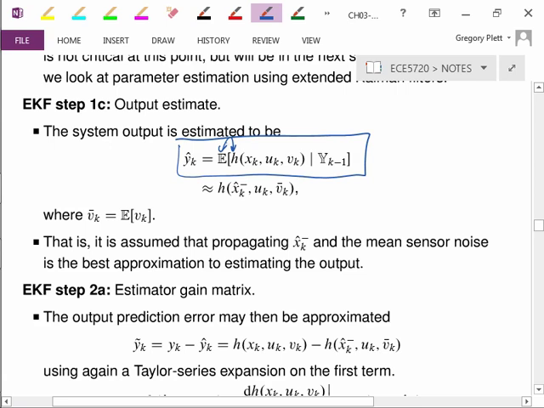And the expected state is going to be x hat k minus. And the expected sensor noise is going to be v bar. So similar to step 1a, the assumption says that to get this nonlinear output prediction, we should propagate the best known inputs through this function to get the outputs, and that's going to give us our result.